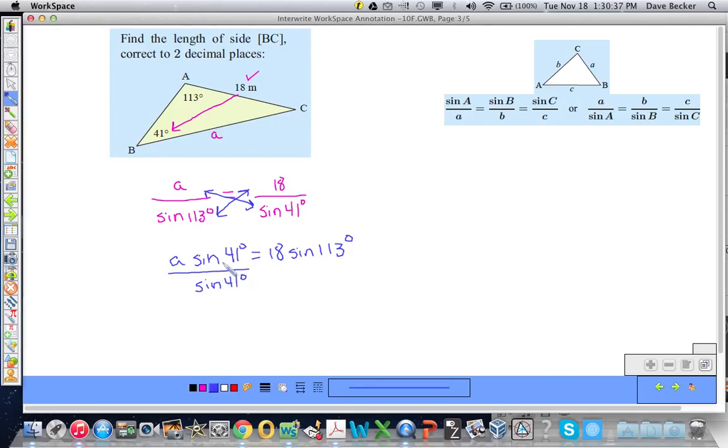Don't find the sine of 41 and put in the decimal and then divide. Leave it as the sine of 41 until you're ready to use your calculator. These cancel because the same thing over the same thing is equal to 1, and so a is equal to 18 times the sine of 113 degrees divided by the sine of 41 degrees.